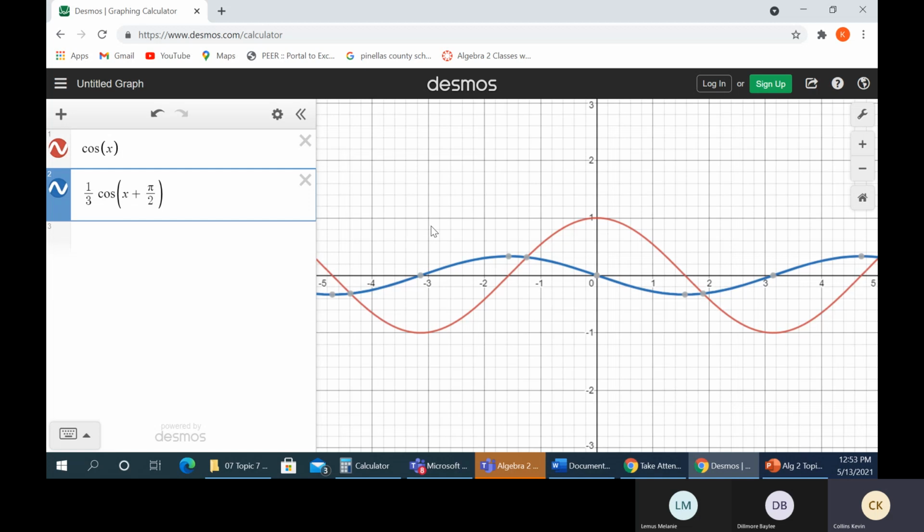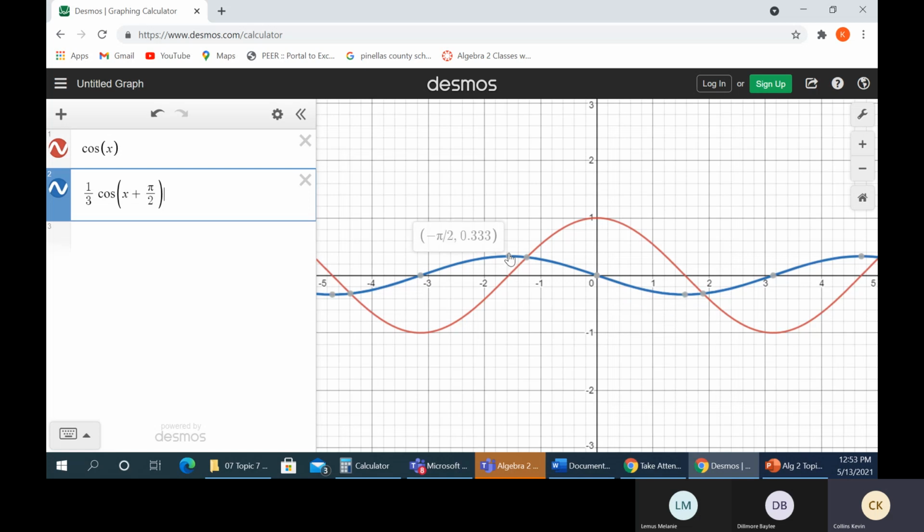So again, this one is going to top out at 1, bottom out at -1. All right, so what about our new one? He's going to top out here at 0.333 positive, so that's 1/3 positive, 1/3 negative, right?